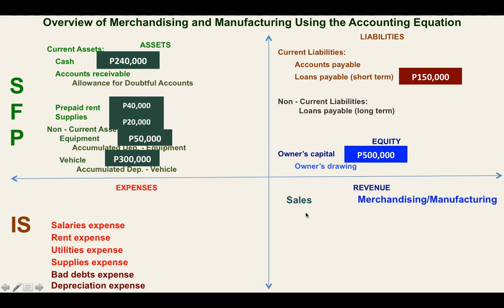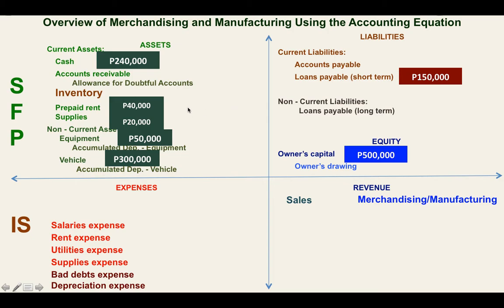So we need to have the items that we are going to sell, and that is our inventory. If we will have an inventory, we need to either procure it, for a merchandising business, buying the inventory that we are going to sell, or manufacture the inventory.